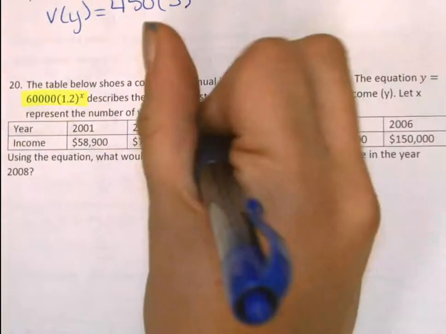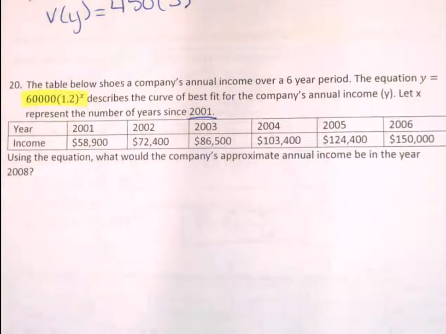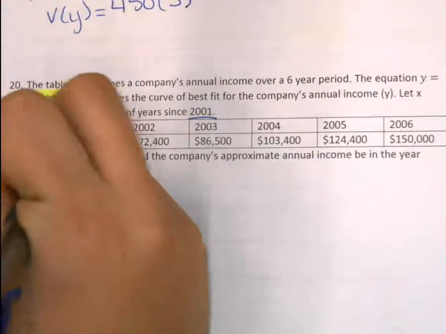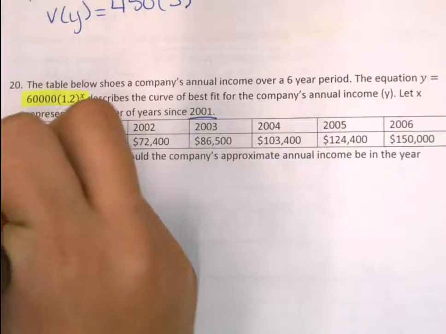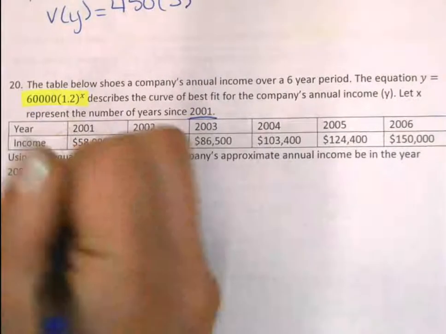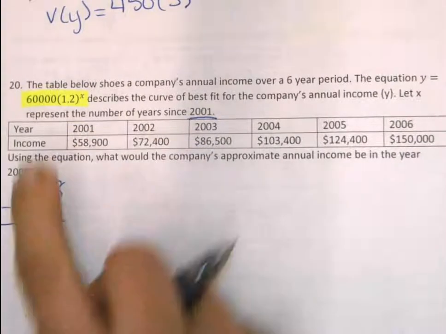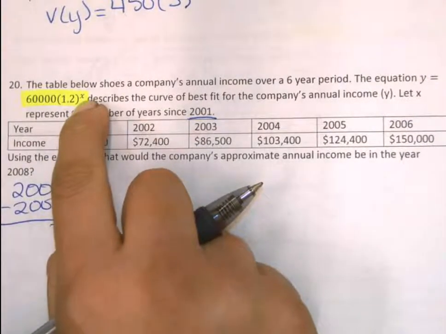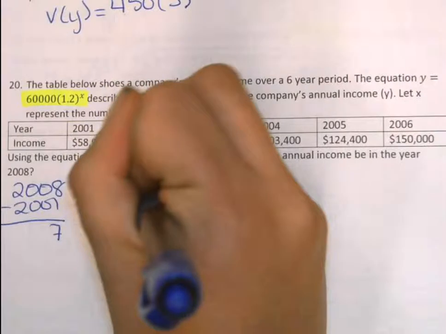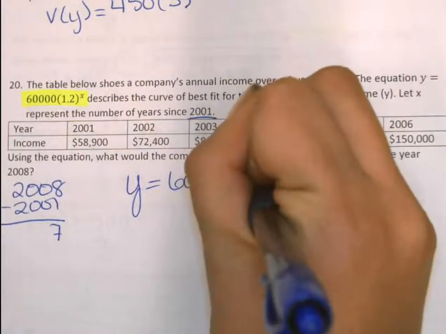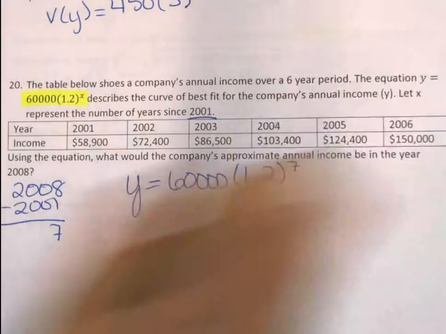It told us that they started in 2001, so the first thing I need to figure out is how many years have passed since 2001. I'm going to do 2008 minus 2001. So if I subtract, it just gives me 7. So now, I'm going to take this 7 and plug it in for the x exponent on this equation. So I have y equals 60,000, and then in parentheses 1.2 to the 7 power.